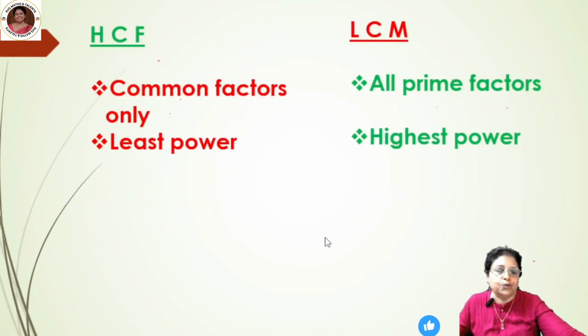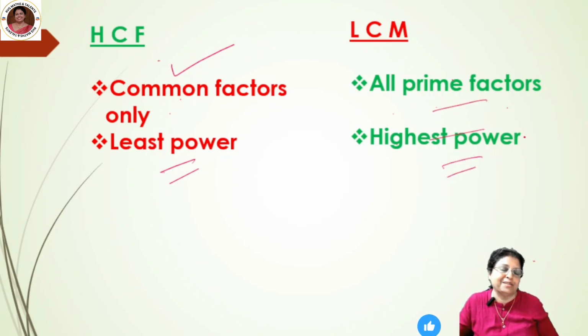So here you can see, HCF means you take only common factors and least power. In the case of LCM, you take all prime factors and highest power. That's the difference between HCF and LCM. You just remember this.